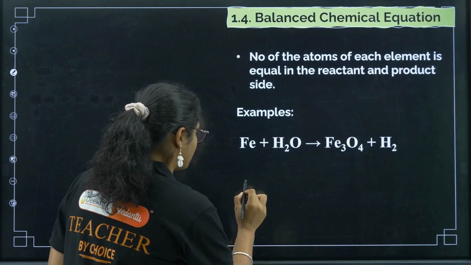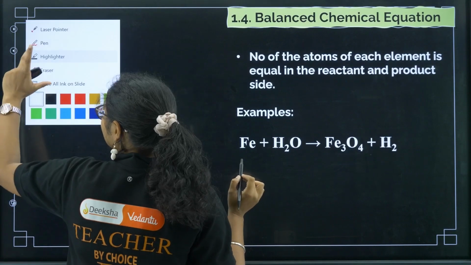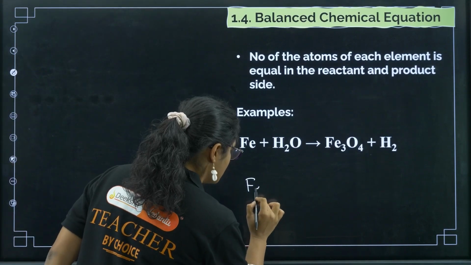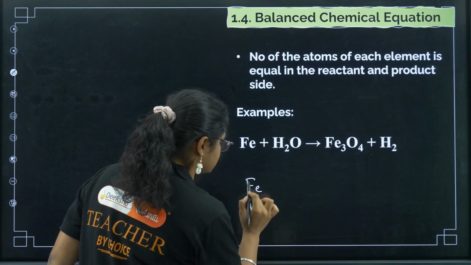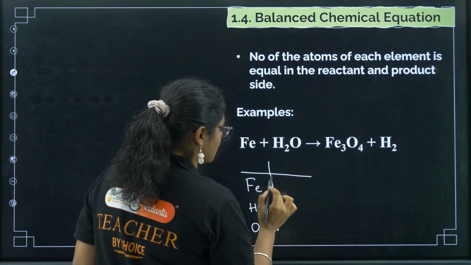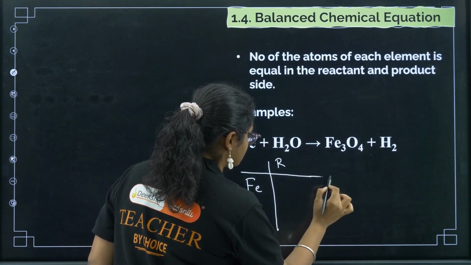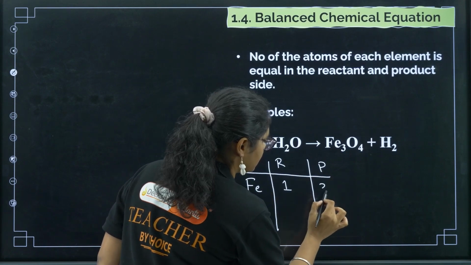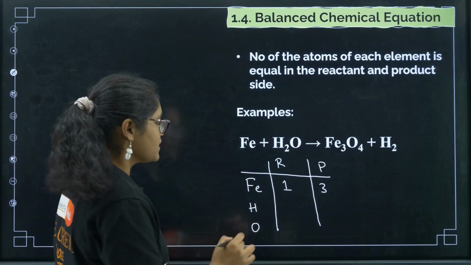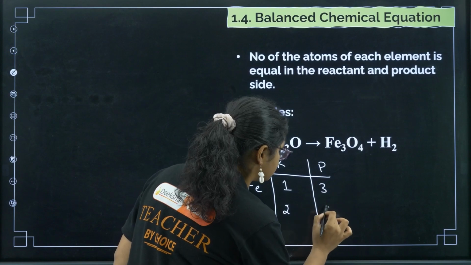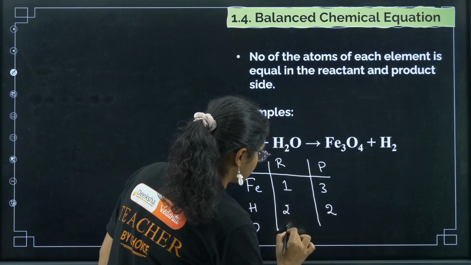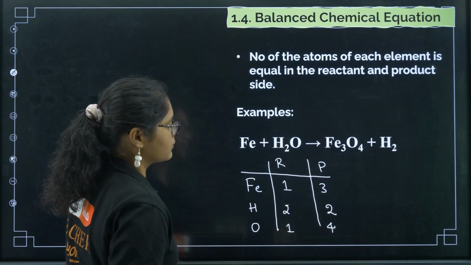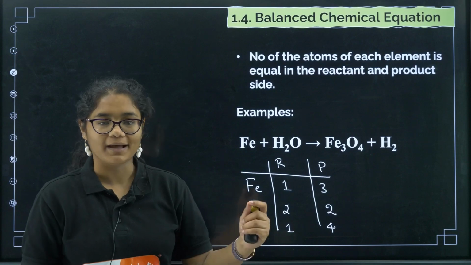If you see, I have Fe, hydrogen and oxygen, right? If I give the number of atoms of reactants and products, we have 1 Fe and 3 Fe on the product side, hydrogen this side 2 and this side also 2, oxygen this side 1 and this side 4, right? And we need to now balance it.